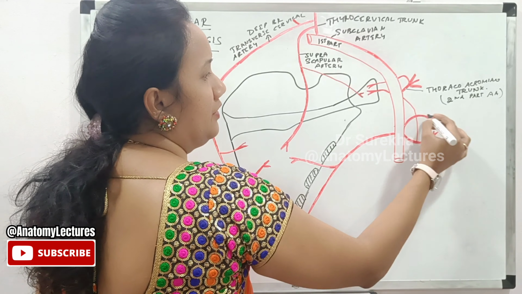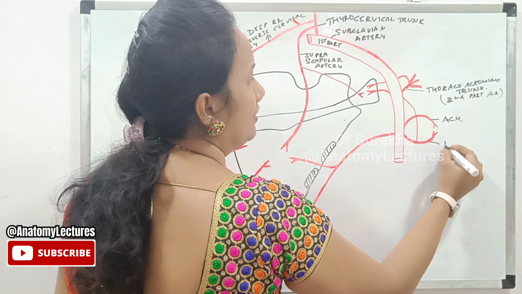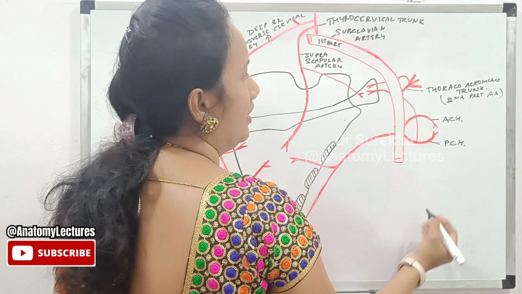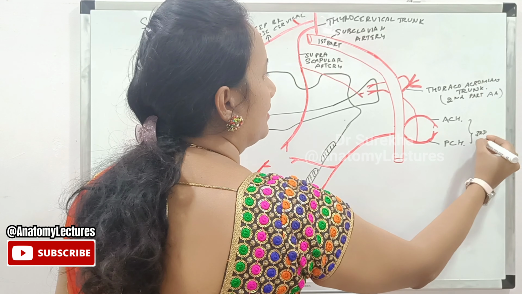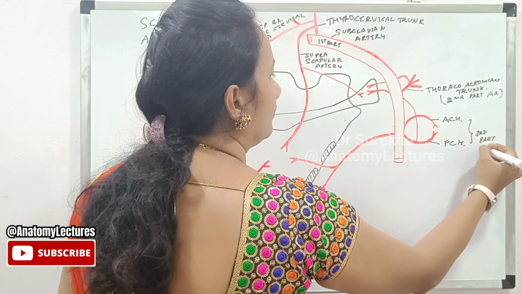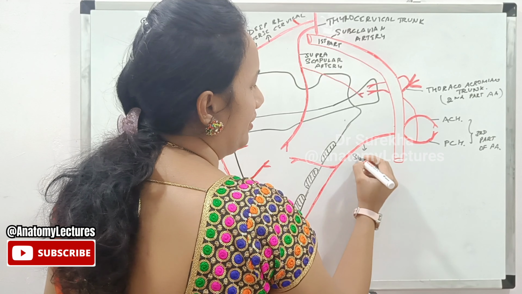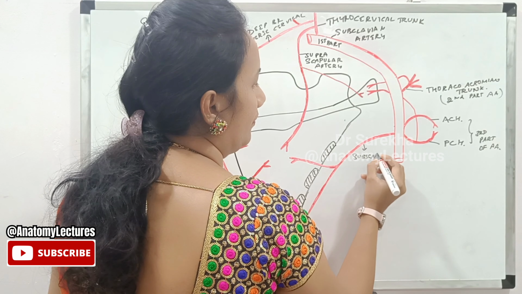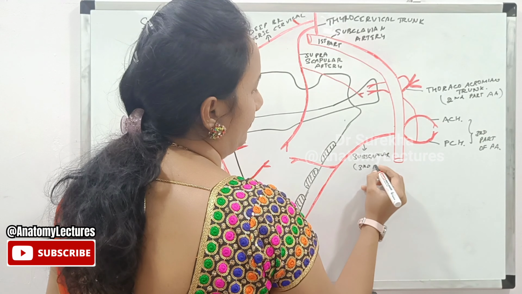Okay, and then you see this is the anterior circumflex humeral and this is the posterior circumflex humeral. These two are the branches of the third part of axillary artery, and this is the subscapular artery, which is again a branch of third part of axillary artery.